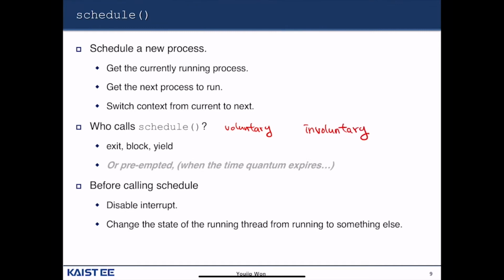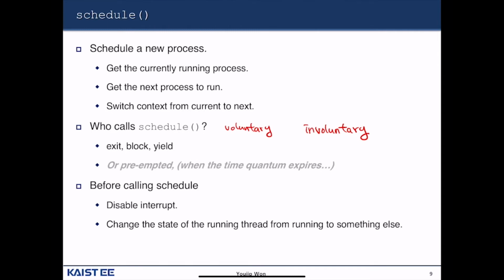In voluntary release, the existing process calls exit, or it blocks, or it calls yield. Or in involuntary switch, the currently running process is involuntarily replaced with another process. That happens when a higher priority process has arrived, or when the time quantum it has been using has expired.